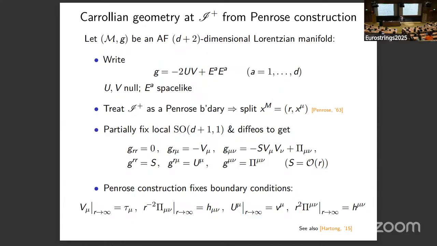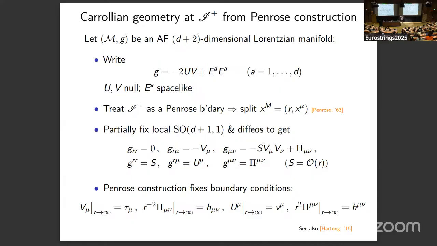What you do next is you partially gauge fix the local Lorentz transformation that acts on these vielbeine to get the metric into this form. These objects will appear quite frequently, but this is just a choice of your local Lorentz transformation. So we don't fix all of it, but we fix it such that we land on this choice.